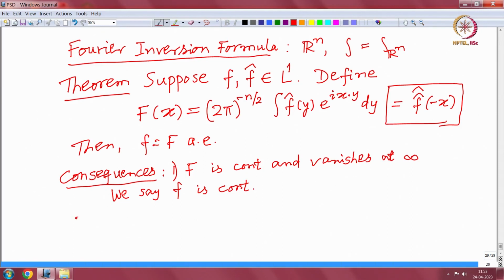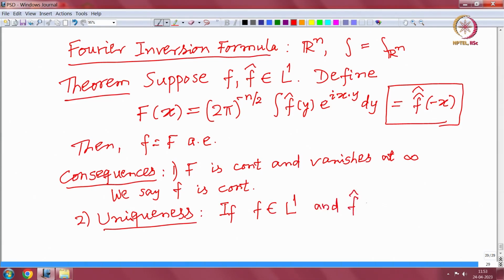Okay. The second one, uniqueness. So, if f is in L1 and f cap is 0 almost everywhere, then f is 0 almost everywhere.